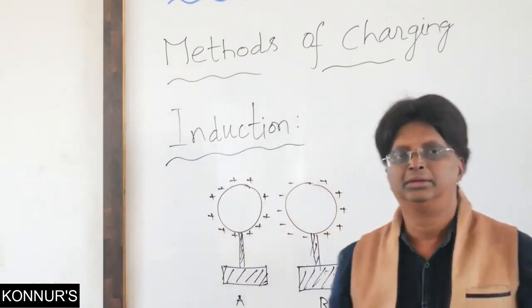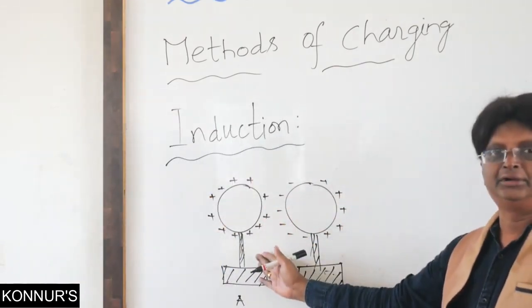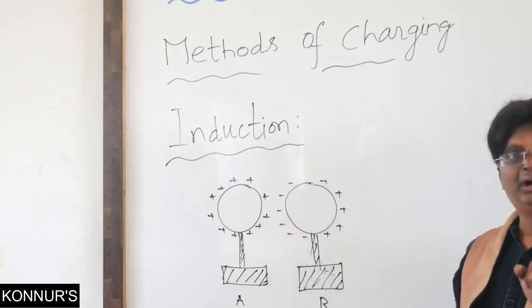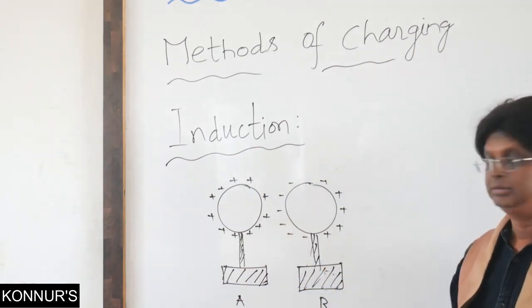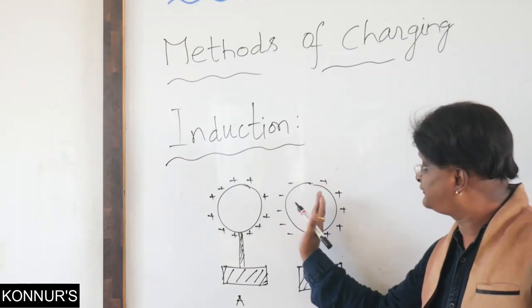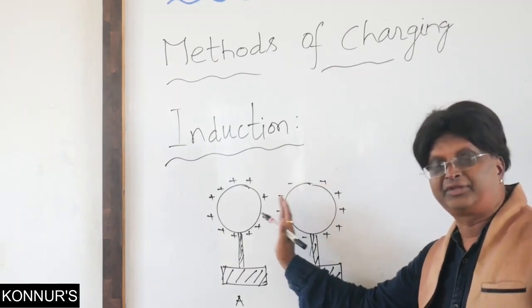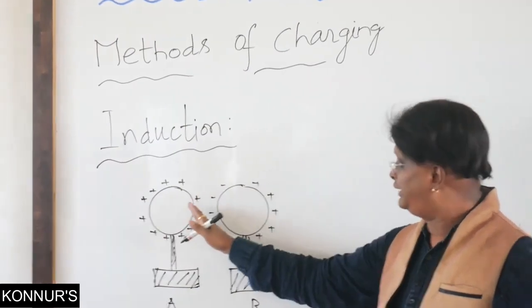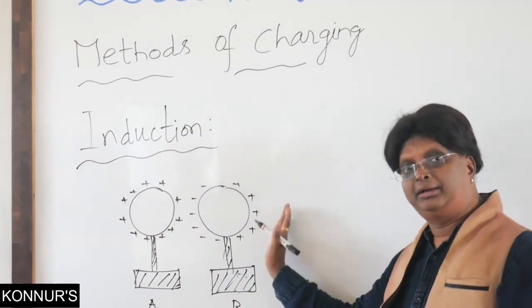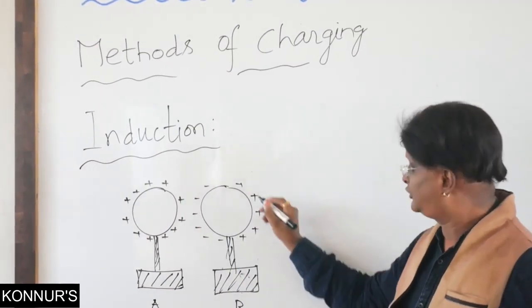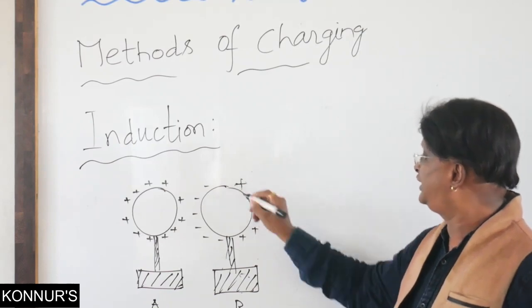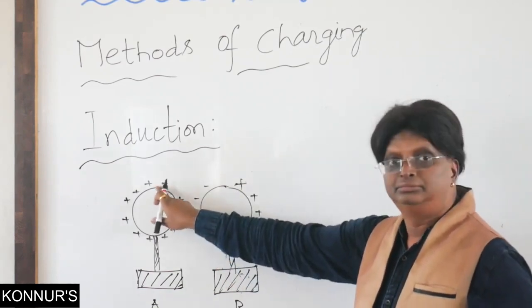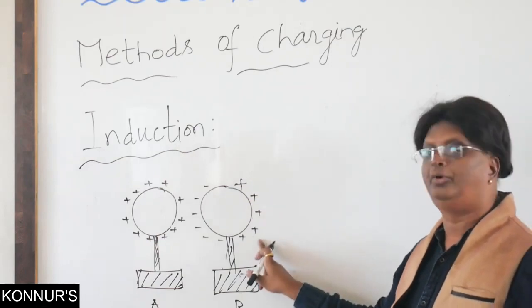So what is happening? A charged conductor is brought near an uncharged conductor. Then the nearer surface acquires unlike charge, and the farther side, the rear side, acquires the like charge. See, positive, farther also getting positive.